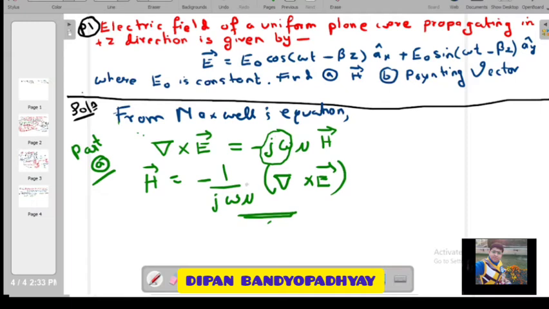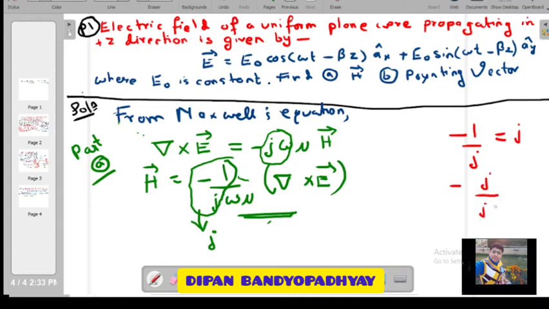Now minus 1 by j, we can replace by simply j. How? You know that 1 by j, simply multiply the numerator and denominator by j. So we have j over j into j, and j into j is nothing but minus 1, since j is root over of minus 1.